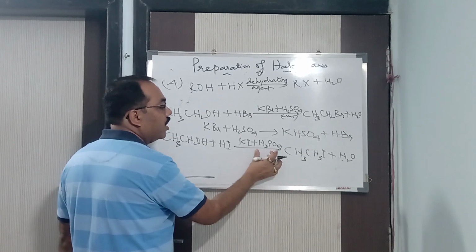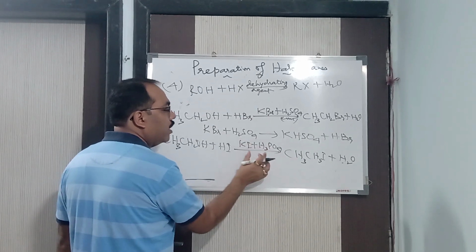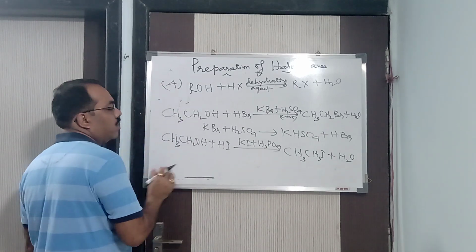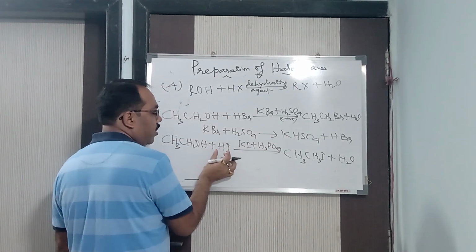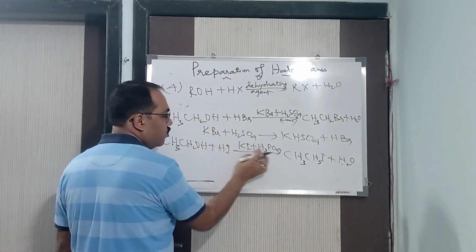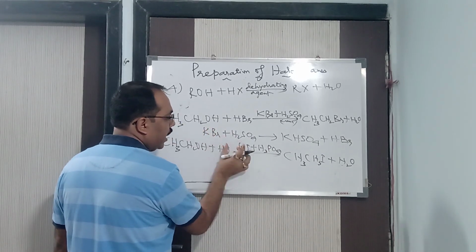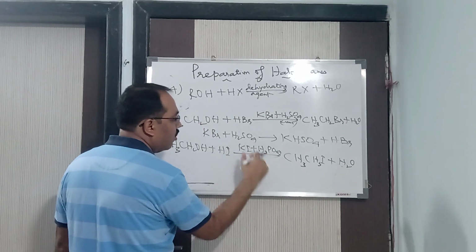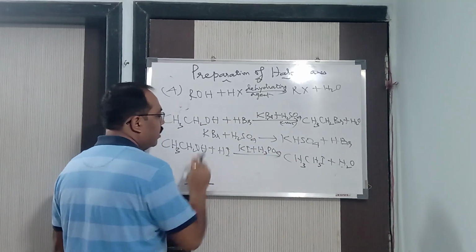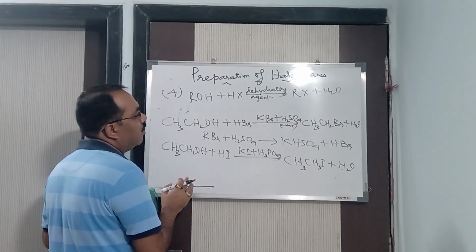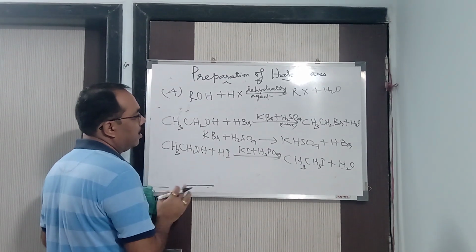For that reason I am taking H3PO4, which is not an oxidizing agent. So for HI we don't use KI plus H2SO4, we use KI plus H3PO4, because H2SO4 acts as an oxidizing agent and will further oxidize. Clear? In this way, from alcohols we can prepare alkyl halides.